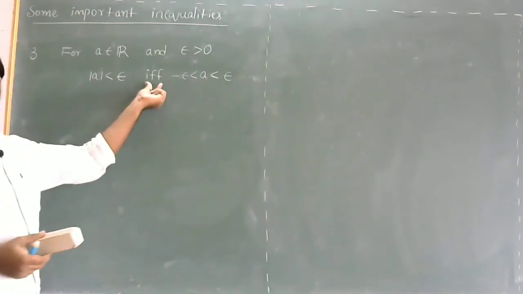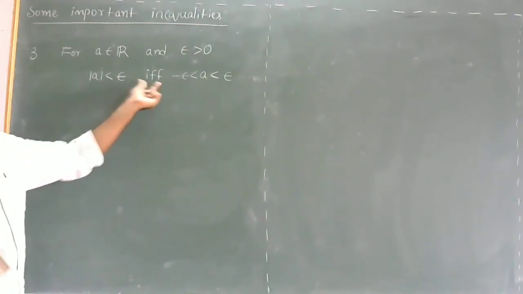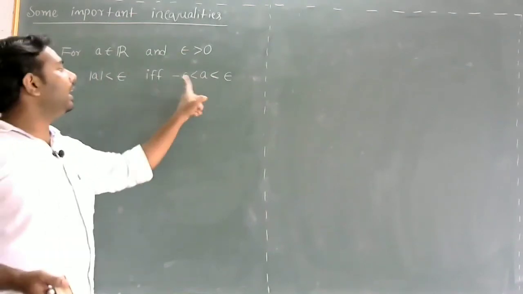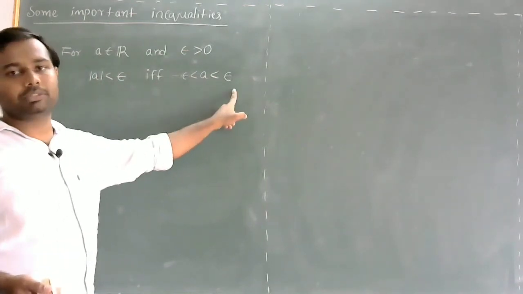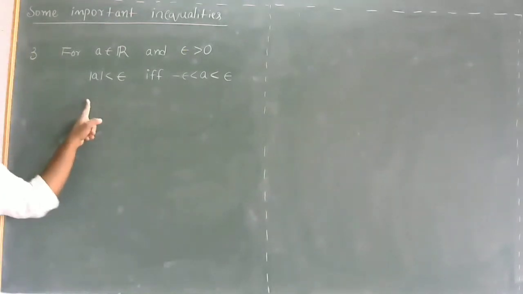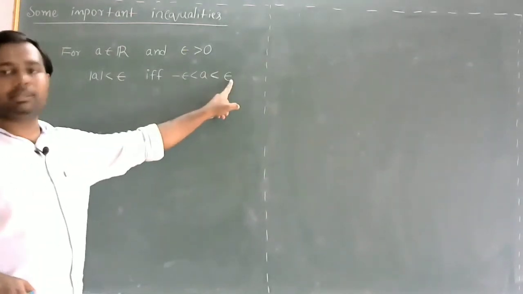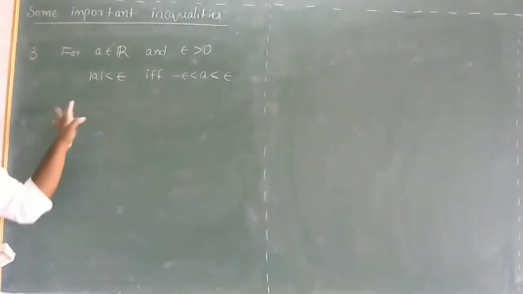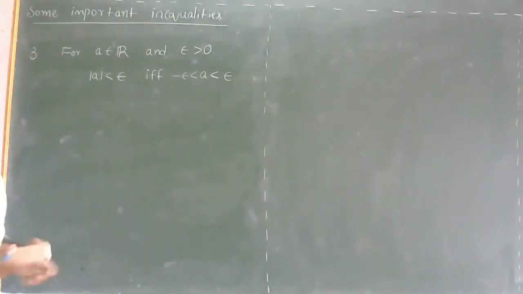So it is an if and only if condition. It has two parts. That is, if modulus of a is less than epsilon, then a lies in between minus epsilon and plus epsilon. And conversely, if a lies in between minus epsilon and plus epsilon, modulus of a is less than epsilon. So we have the direct part and the converse part.